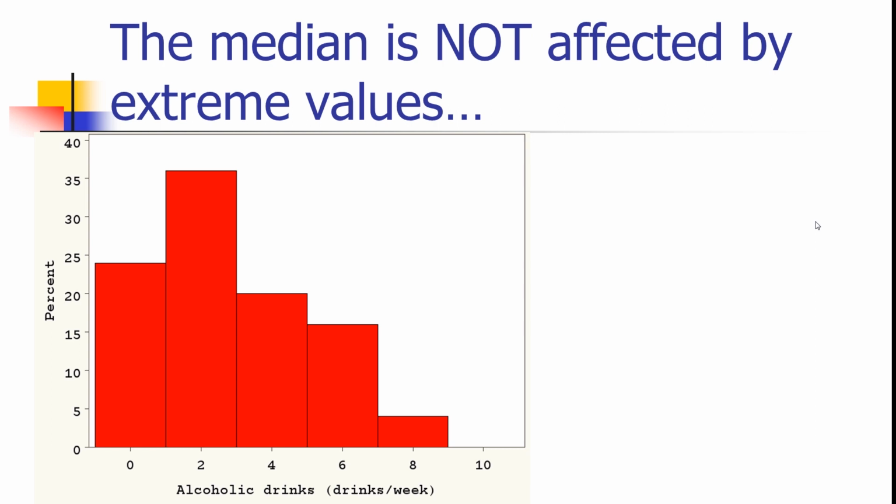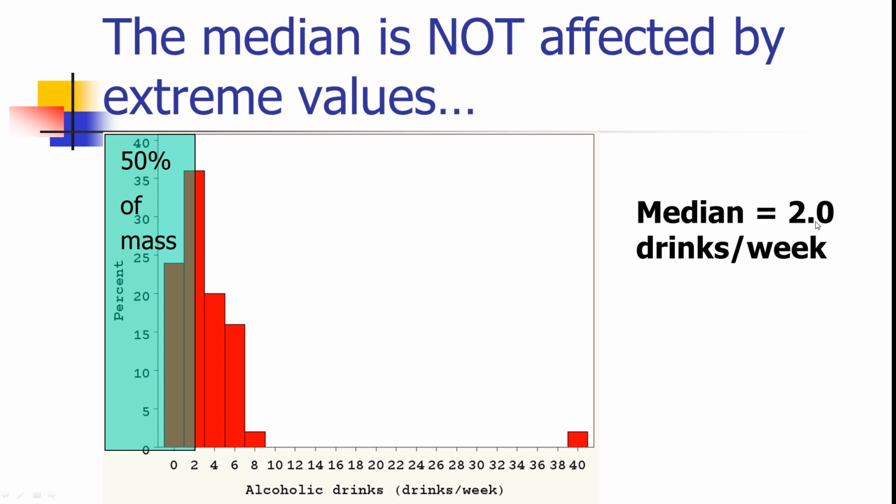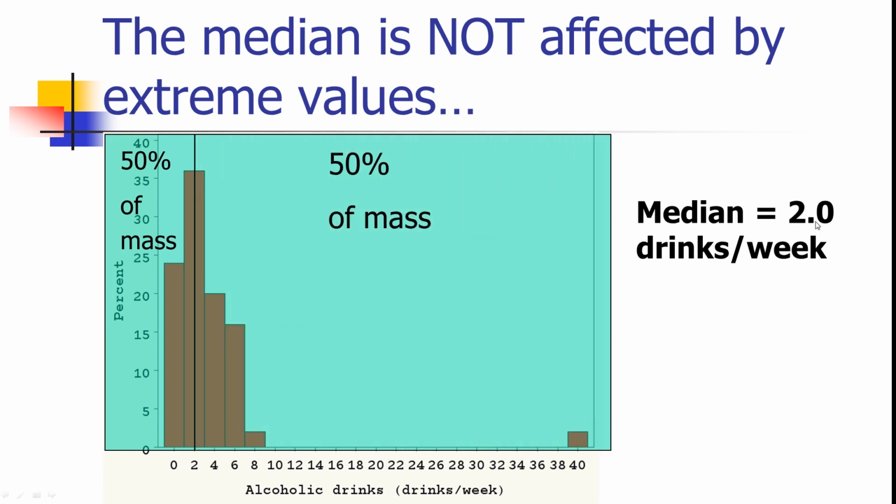So for example, if I took the highest drinking person, which was only 8 drinks per week, and again I made them an alcoholic, I said that the highest drinker actually had 40 drinks per week. How does that affect the median? Well, it doesn't affect the median, right? Because 50% of people are still below 2 and 50% of people are still above 2. It doesn't matter whether they're at 8 or whether they're at 40. That doesn't affect where the median lies. So the median is not affected by extreme values.